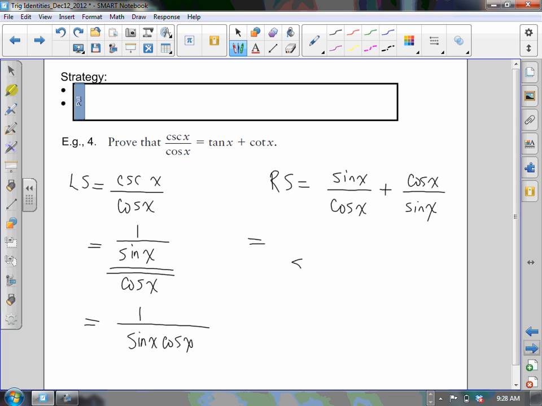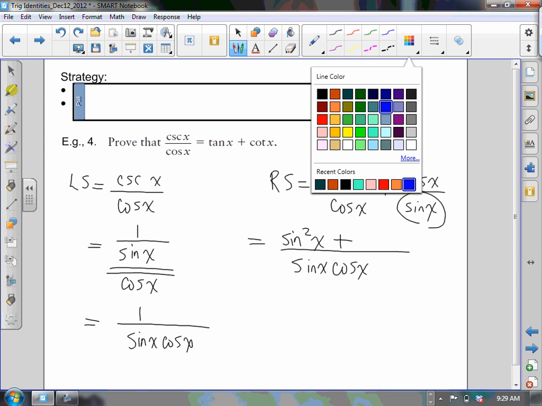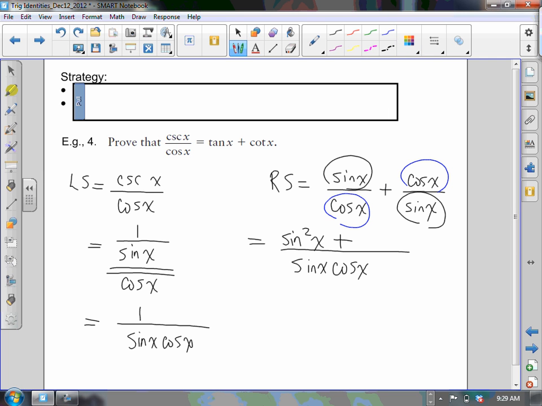Let's get a common denominator. We'll need a sine x and a cos x. The first numerator, that is sine x, will have to be made equivalent by multiplying it by sine x. So sine squared x. Well, in like manner, to balance out cosine of x in our denominator, we're going to have to square that.